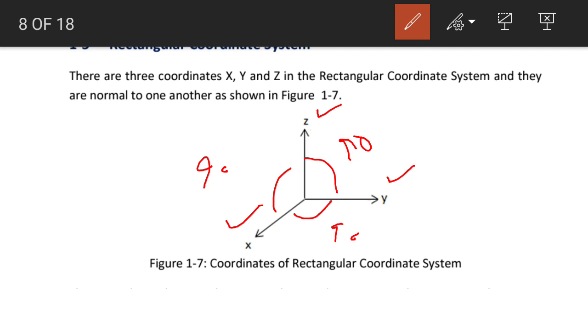The angle between x and y is 90 degrees. The angle between y and z is 90 degrees. And the angle between z and x is 90 degrees. So all these three coordinates are normal to one another. They are mutually orthogonal.